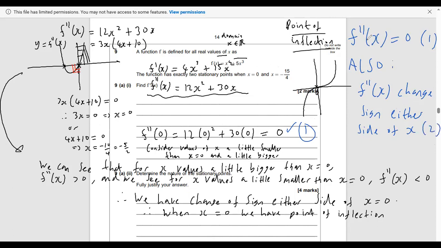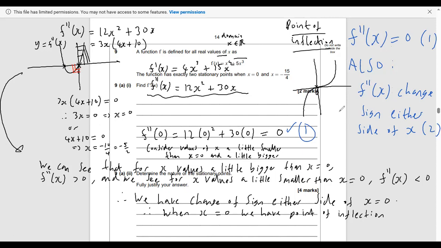With a point of inflection, it's not enough just to calculate your second derivative, plug your number in and say, oh, it equals 0, so it must be a point of inflection, because you could have a curve where your second derivative is 0 but it might not be a stationary point. So you have got to be careful to check this second condition as well, that there is a change of sign. You can think of your second derivative as like an acceleration.